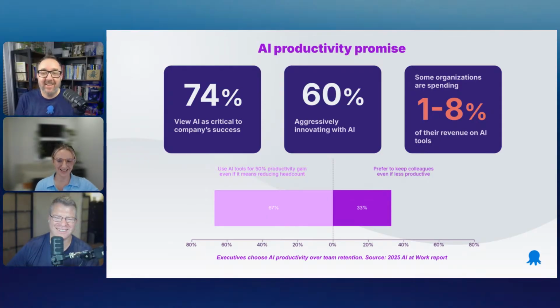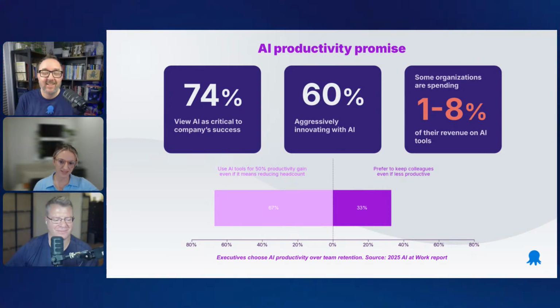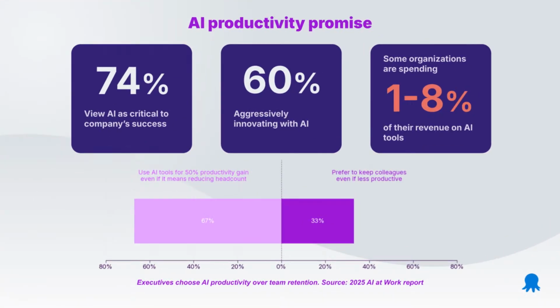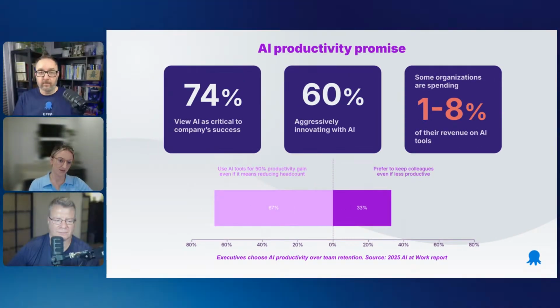Absolutely. And this graph down here is an executive perspective in which executives choose AI productivity over team retention. On the left, 67% of executives said they would use AI tools for a 50% productivity gain, even if it means reducing headcount, versus 33% of executives who would prefer to keep colleagues, even if it means less productivity.